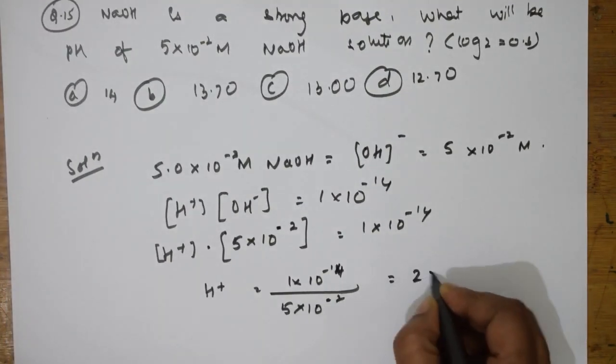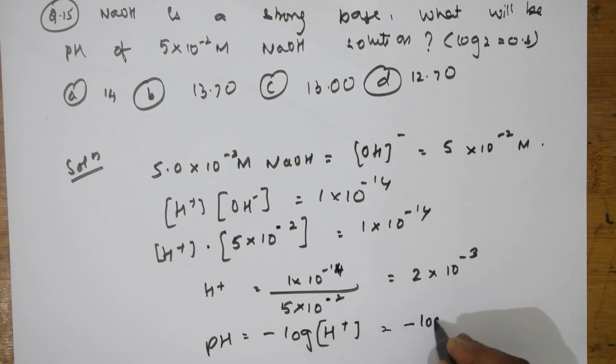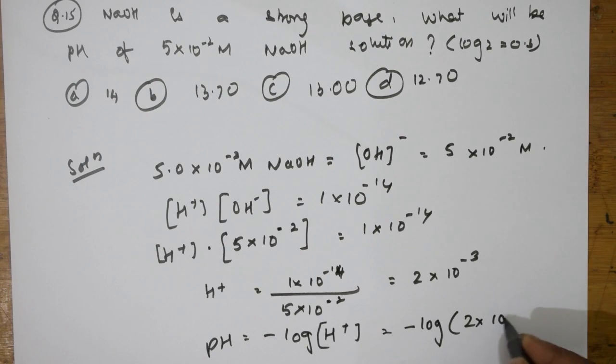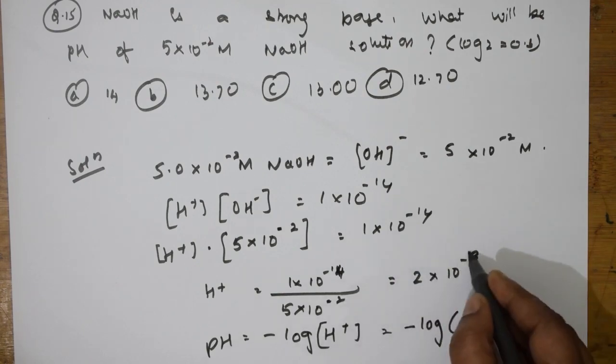This comes to, that's it. But still I'm not done. pH is equal to minus log of H plus. What is this? Minus log. What is the H plus concentration we've got? 2 into 10 raised to the power of minus 13. Is it minus 3 or minus 13? 12, no, this is 13.